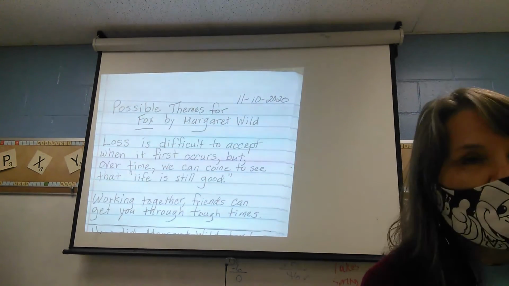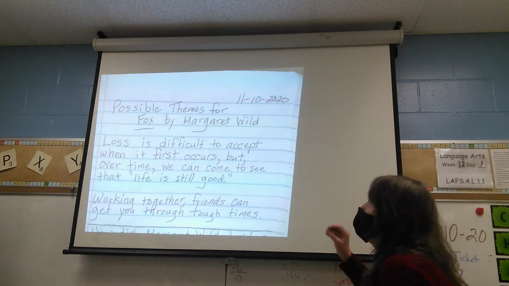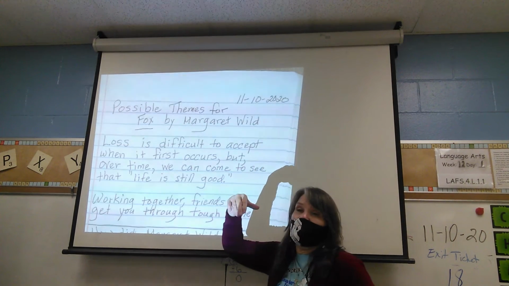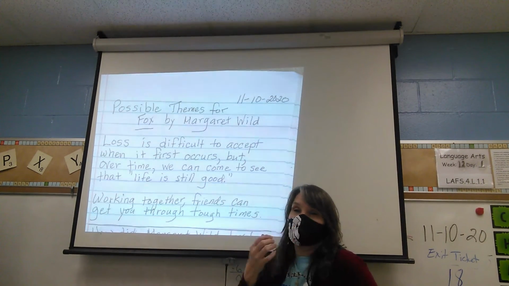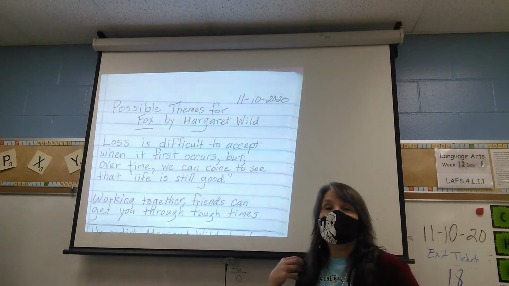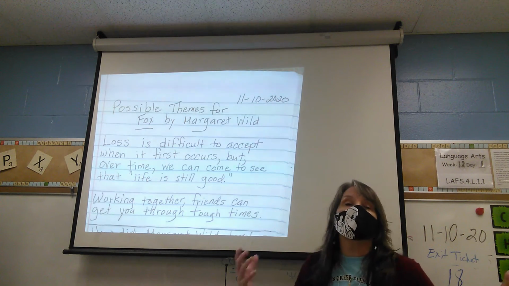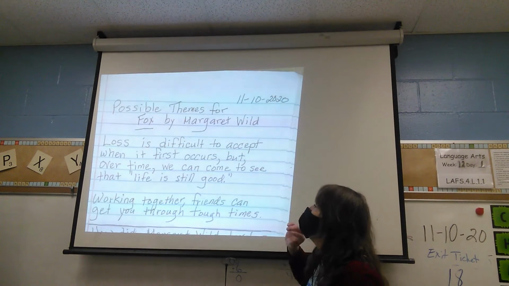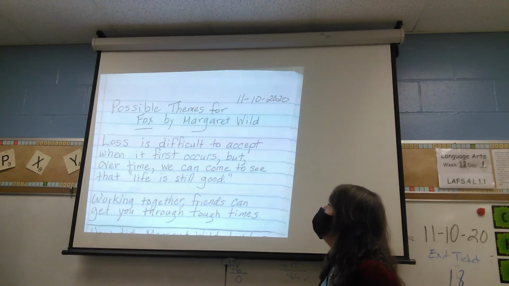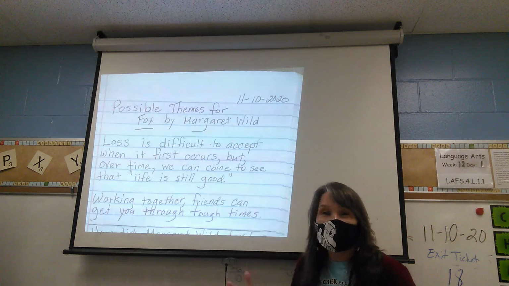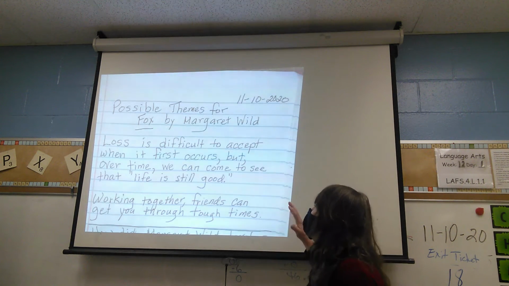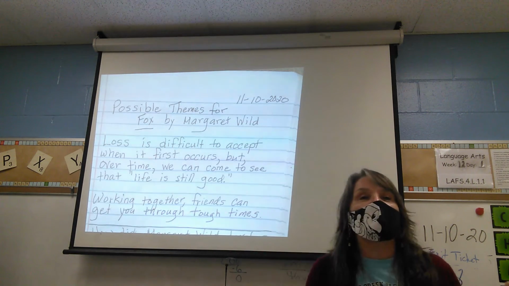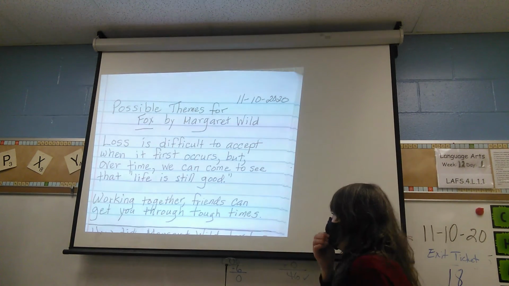If you remember our lesson, we talked about how loss is difficult, and in Magpie's case, her loss was the loss of her wing. But we know that there are lots of things that we can experience loss of. Loss is difficult to accept when it first occurs, but over time we can come to see that life is still good. And the other that we noticed the other day was that working together, friends can get you through tough times.